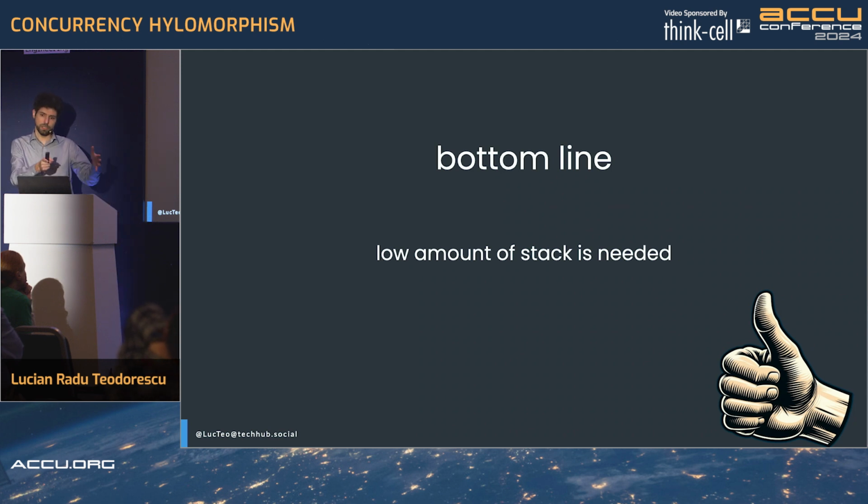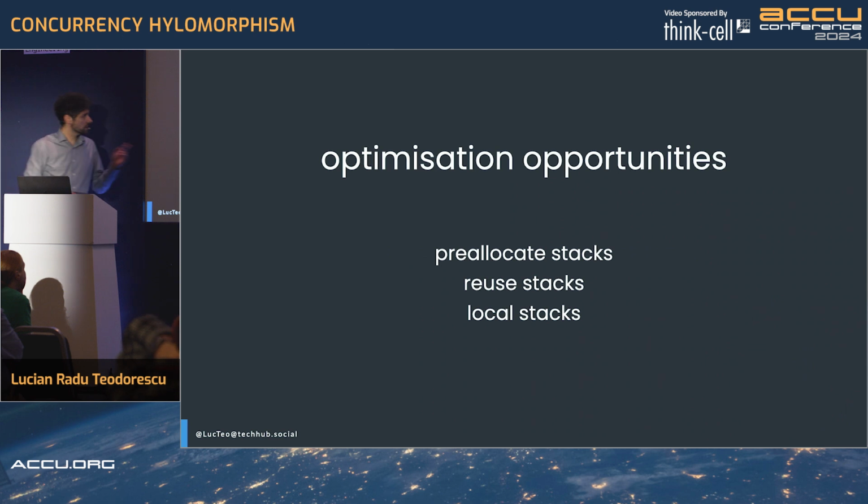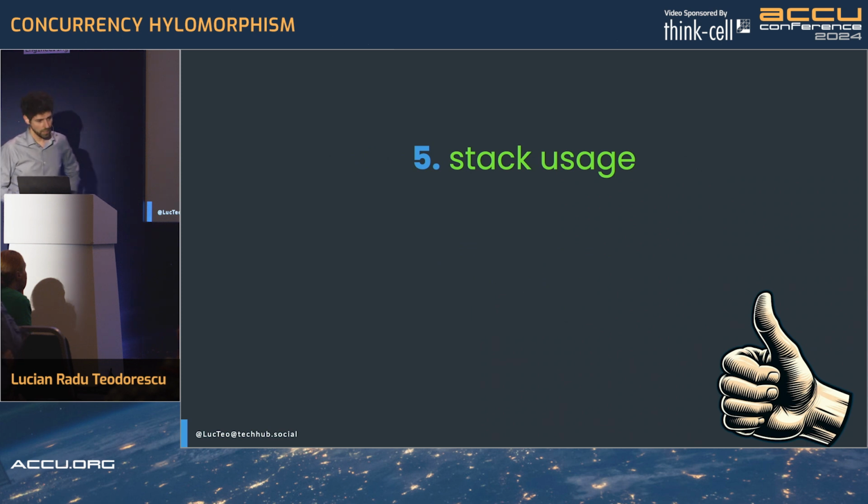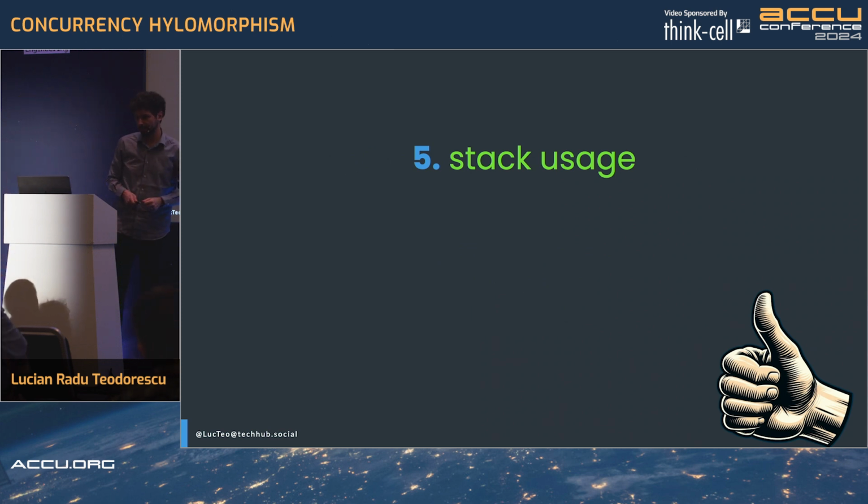Here, we only allocate the number of threads that we actually need, so we keep that bounded. But there are some optimization opportunities I mentioned. Pre-allocate the stacks, reuse the stacks, and local stacks. I think using local stacks will actually optimize a lot of the applications. So on stack usage, to my surprise, that's a big win.